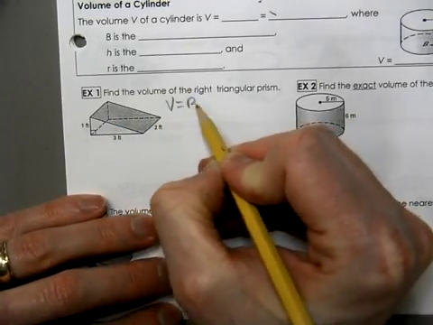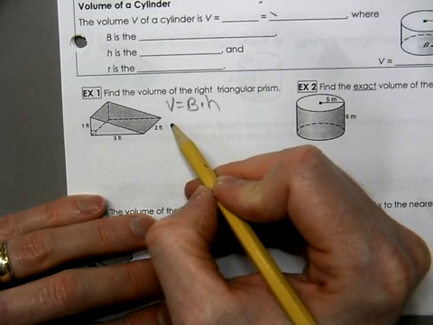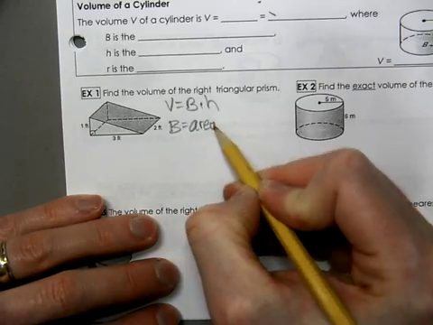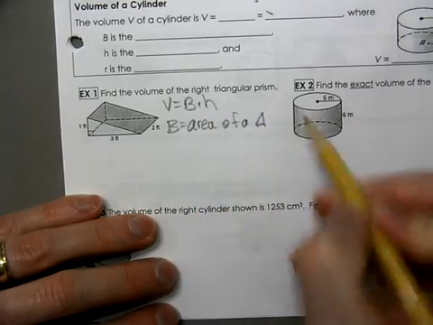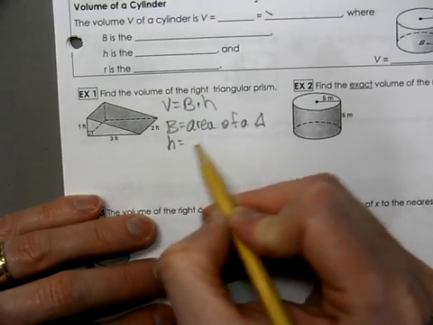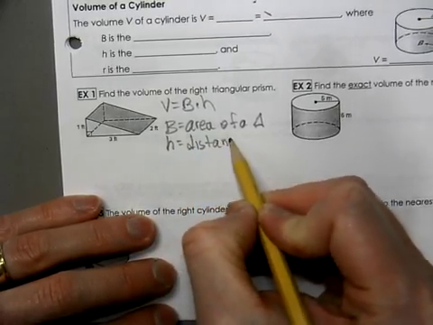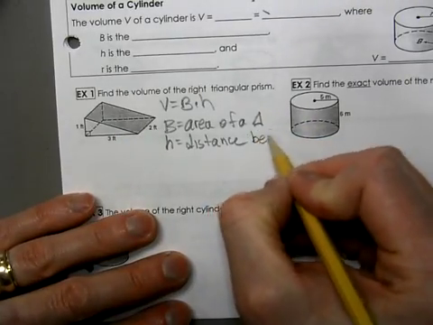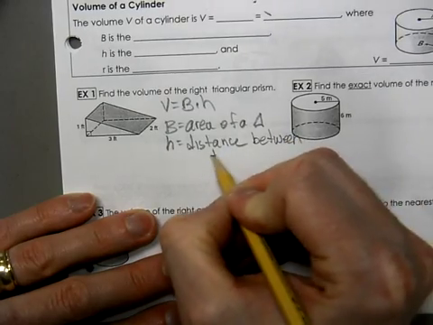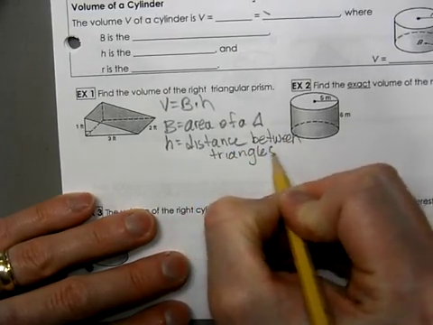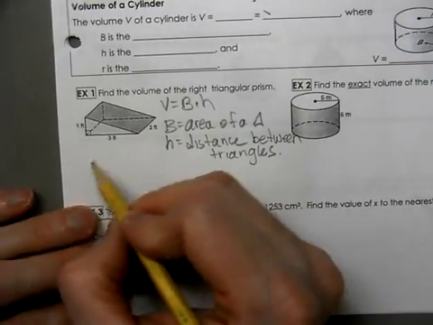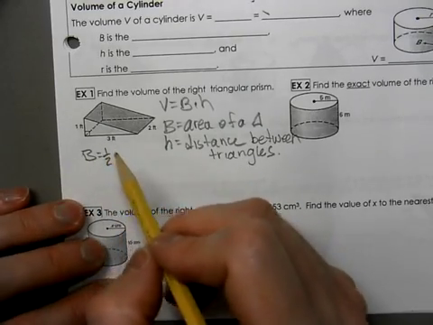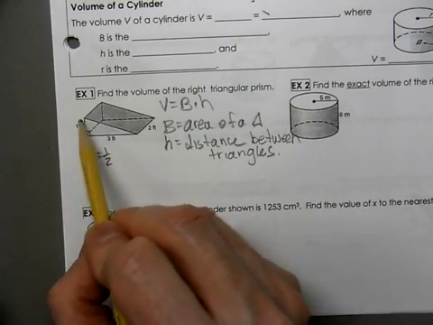This whole shape is a triangle after a triangle in different units. So our volume is base times height, where in our case, B is going to be the area of a triangle, and H is the distance between triangles. To calculate the base, we're going to say half of base times height.